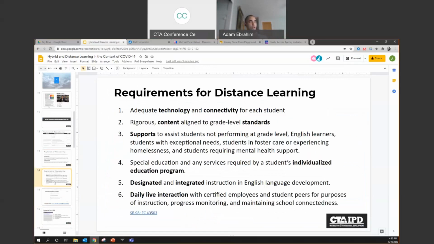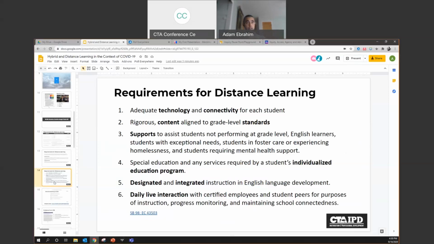And then, one of the fundamental pieces from SB 98 that really talks a little bit about responsibilities. One is LEAs, districts, are responsible to ensure that students have, survey and verify, I think it's the language, that students and households have adequate technology and connectivity.